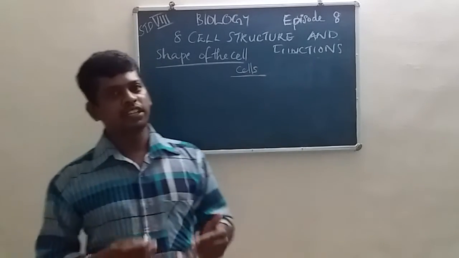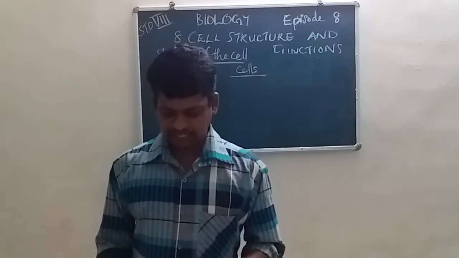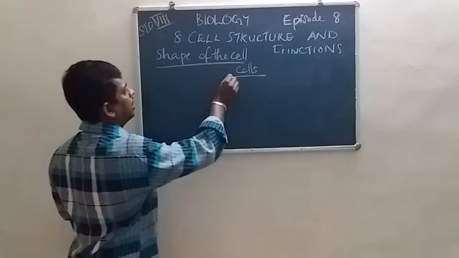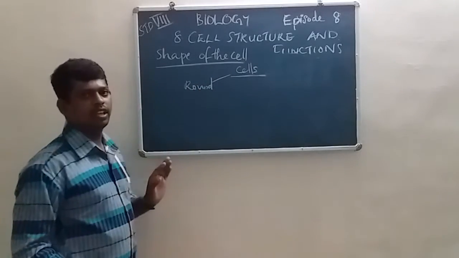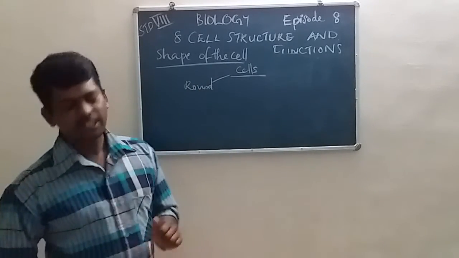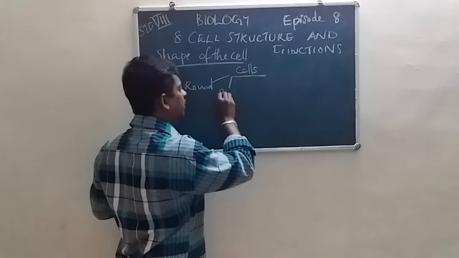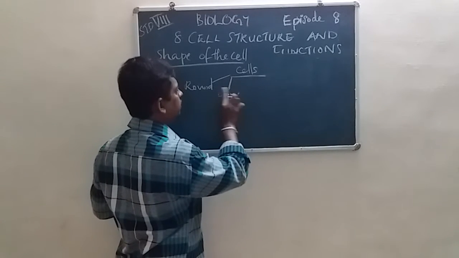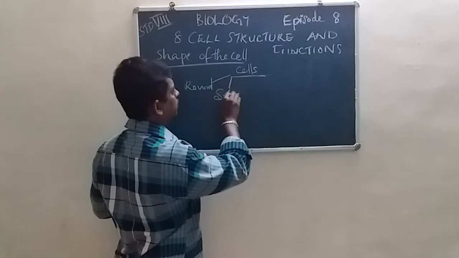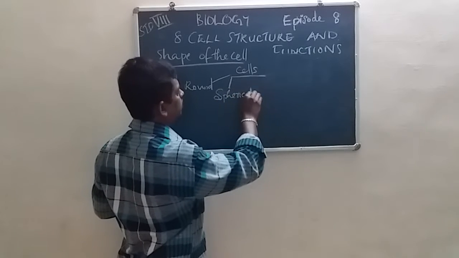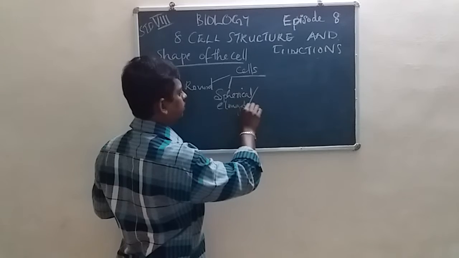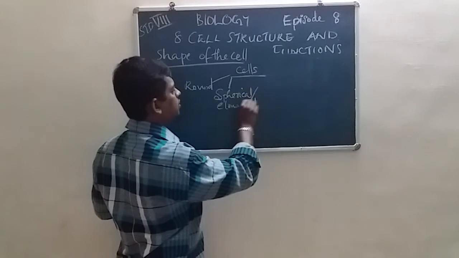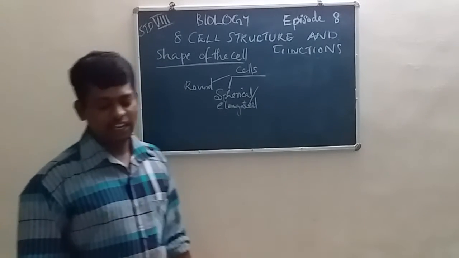Generally, we can discuss the shape of the cells. The shapes are round, spherical, or elongated.